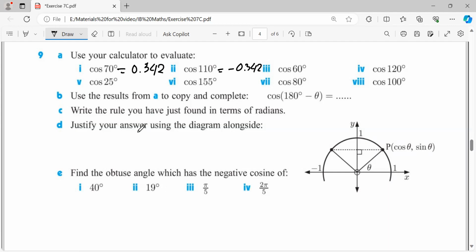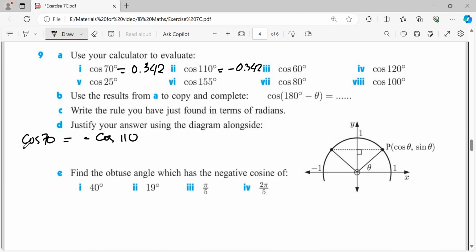So based on this result, if you check 3, 4 until 8, cosine 70 equals negative cosine 110.